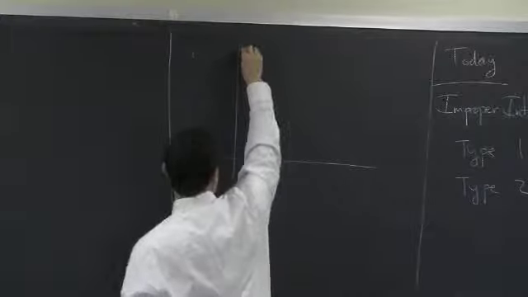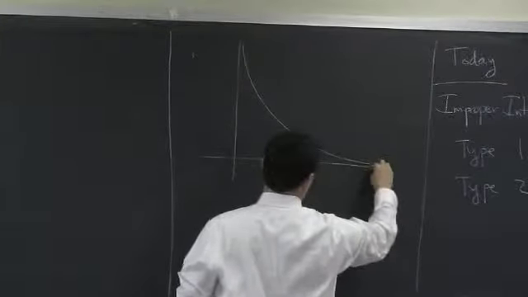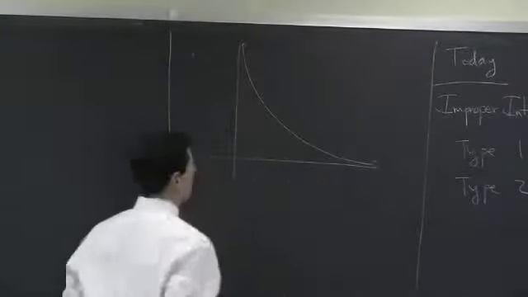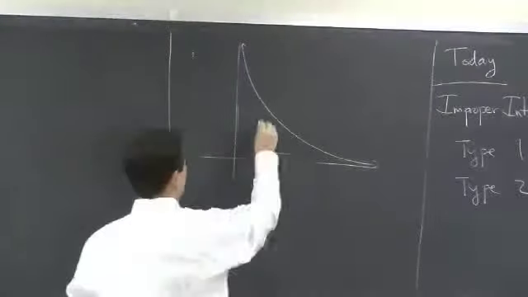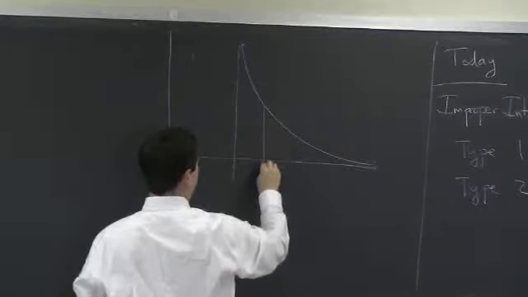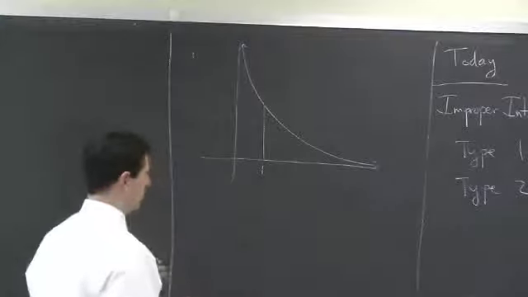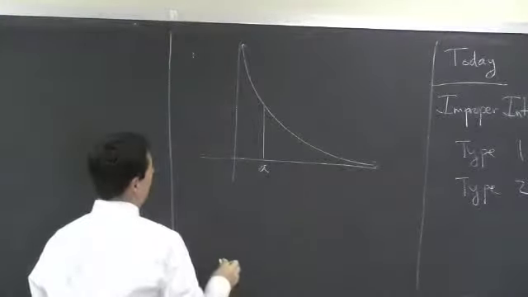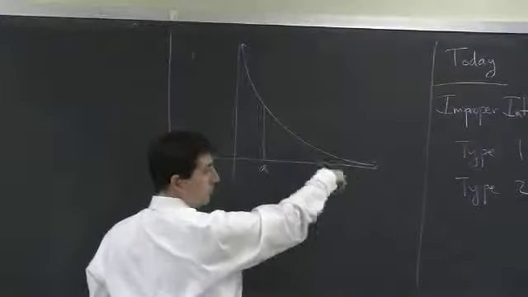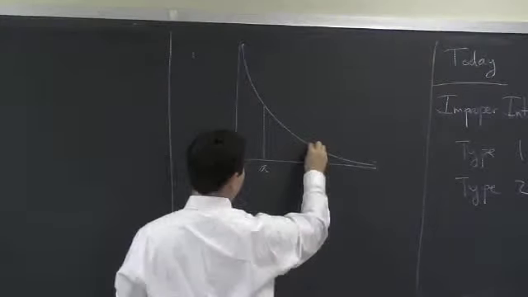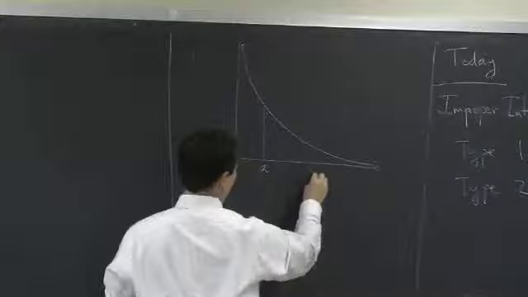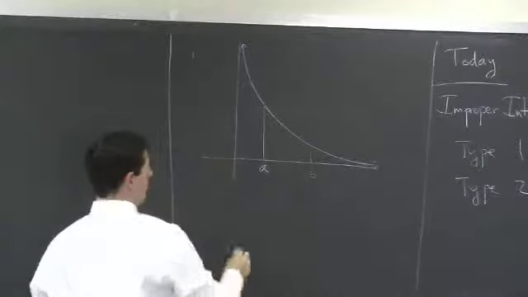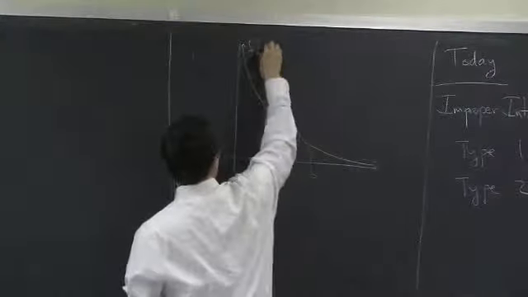Let's say I take this graph, and let me pick some point. I don't even need to give it a number. Let's call it some A. And I start looking at the area under this curve. And let me go to here. So that will be my B. So this is my function f of x.